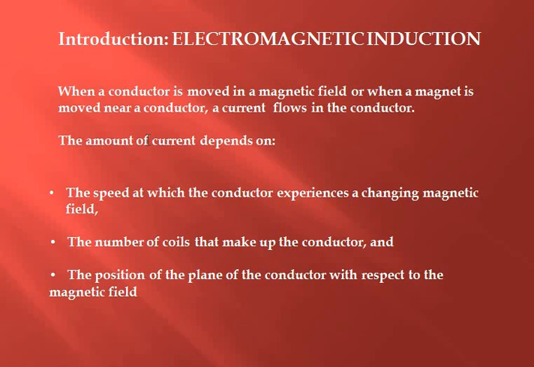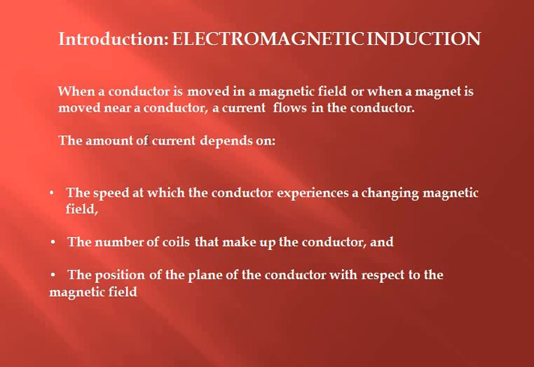We are going to look at the generation of electricity at a later stage, but for now let's look at what affects how much electricity is produced, and other specifics that we need to understand when it comes to electromagnetic induction.